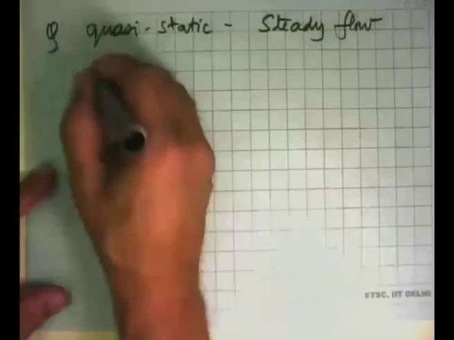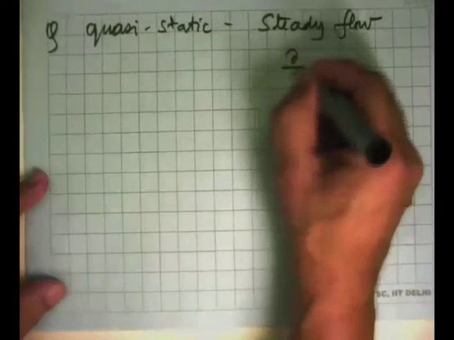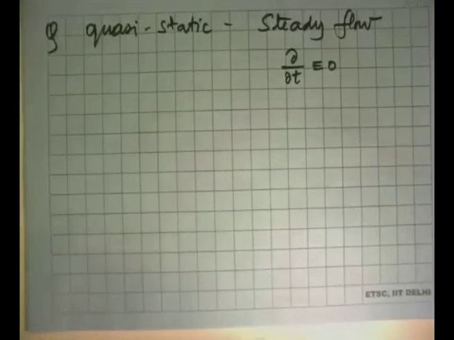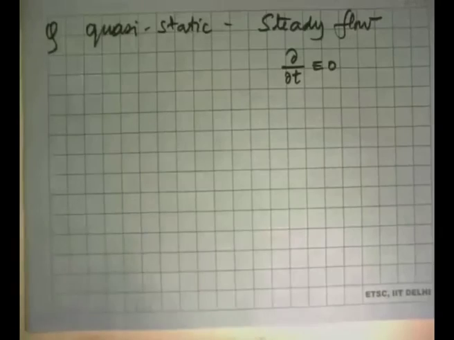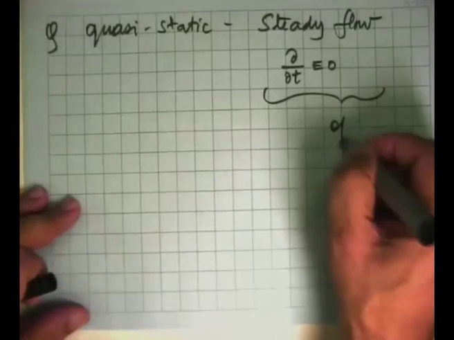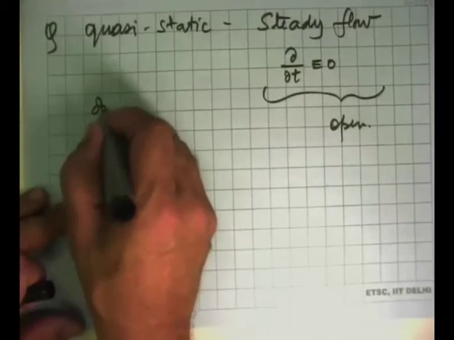Yeah, and the answer is yes. Steady flow, basically what we are saying is that nothing is changing with time. And flow means that it is an open system through which flow is taking place. So this is applicable essentially only to an open system, whereas quasi-static could be for either an open or closed system.